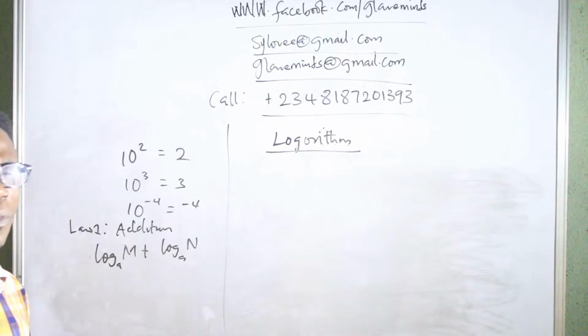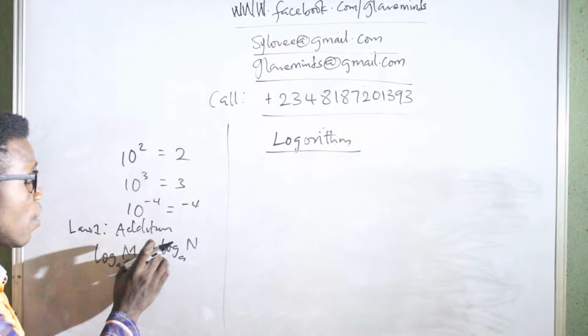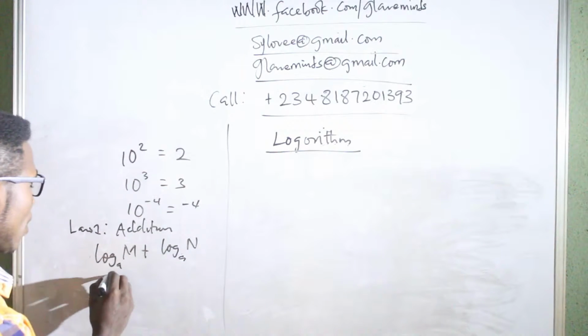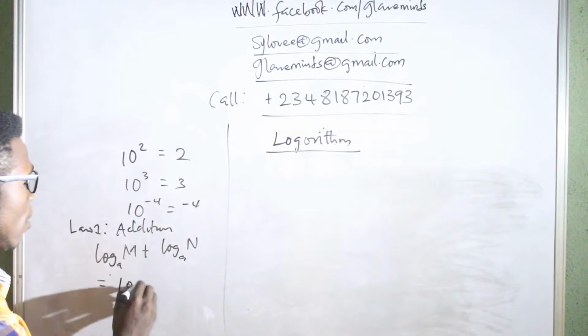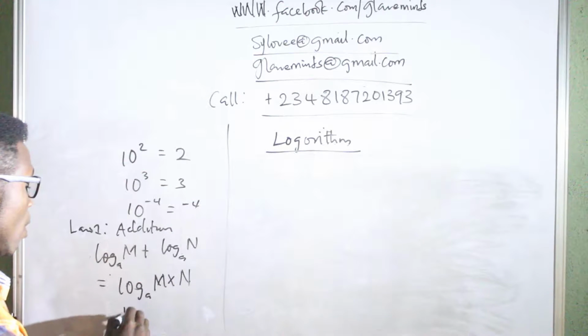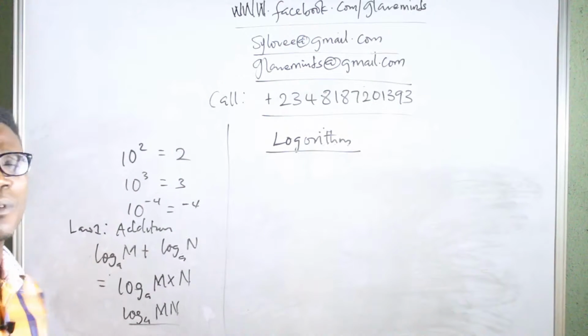So what will you do? You're going to carry out multiplication when the relationship between them is addition and they have the same base. In other words, you can have it as log base a of m times n, which is as good as log a mn. Pretty simple, right?